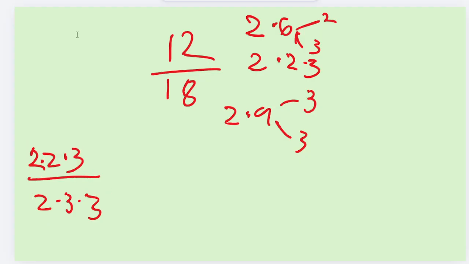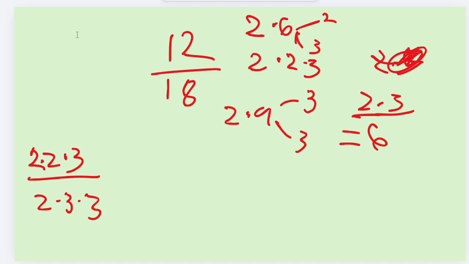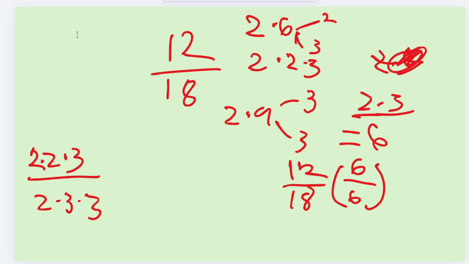Right? My bad. If we multiply 2 and 3 together, we will get 6. Right? And 6 is our GCF for this given problem. Which means that if you divide 12 and 18 by 6 and 6 for each of them, we will come back to the answer from earlier, which is 2 over 3.